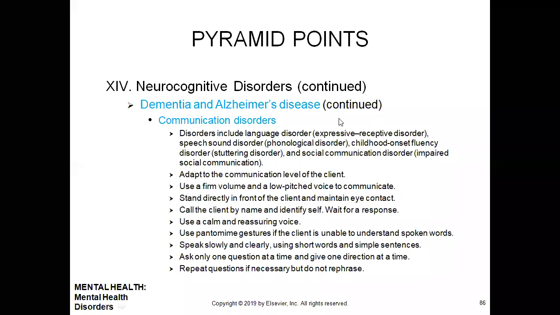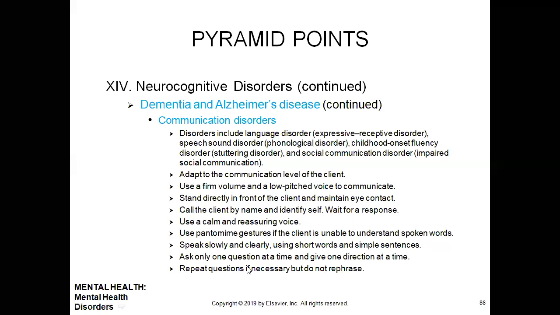And they have to organize. So it is better to wait and use a calm or reassuring voice, right? And speak slowly and clearly using short words, single words, simple sentences. Ask only one question at a time and give one direction at a time.